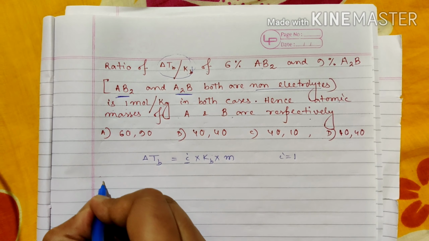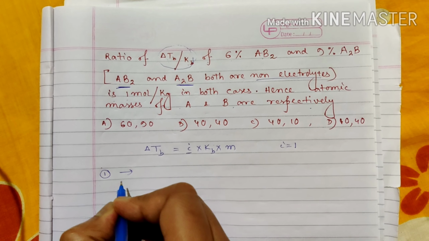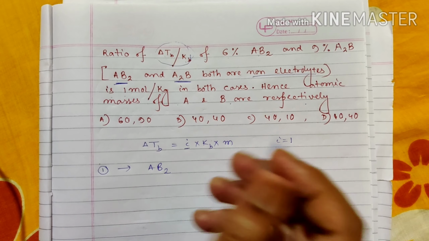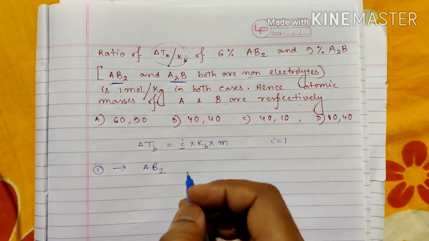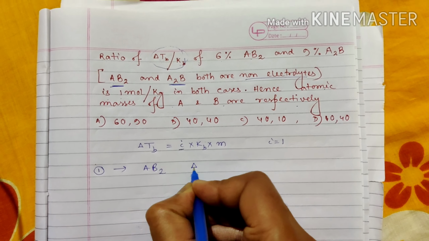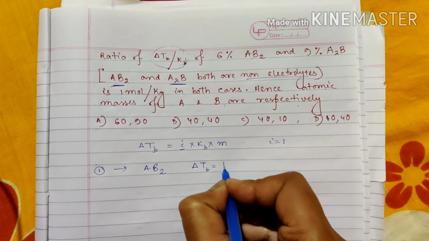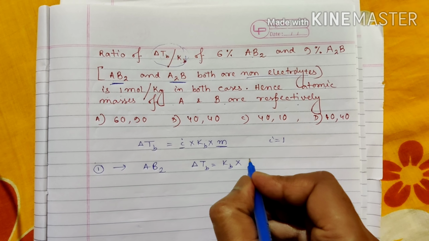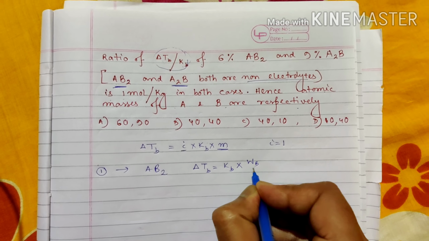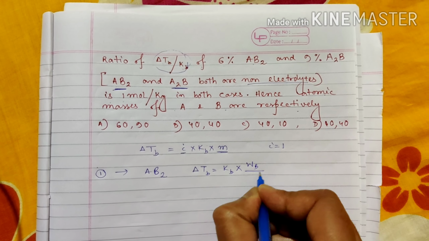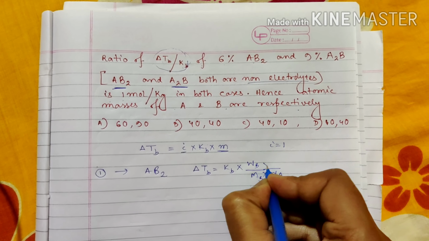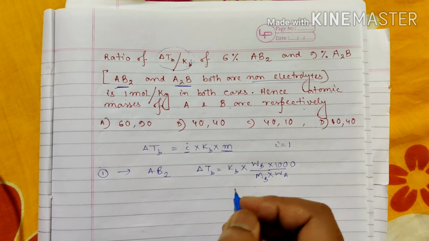There are two cases, AB2 and A2B. For the first case, AB2, delta TB is equal to KB into m. m can further be written as WB by MB into WA into 1000, if it is expressed in grams.